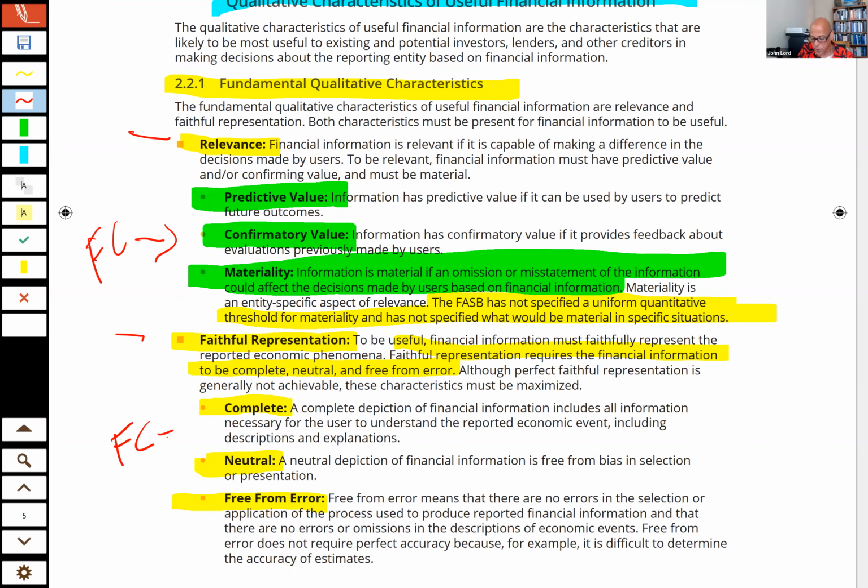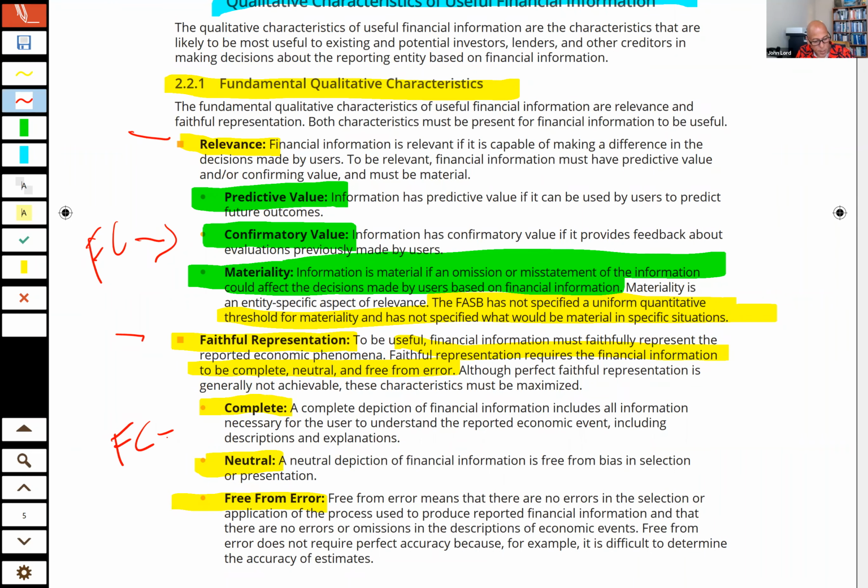Could be at a very high level. You don't need to put all the detail. Just flashcard the ingredients that fall under the two fundamental qualitative characteristics. Important thing to notice here, guys: the qualitative characteristics do not share any ingredients. Each one has its own unique set of ingredients.